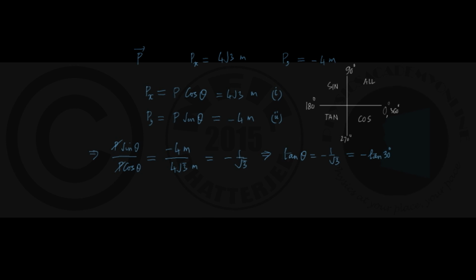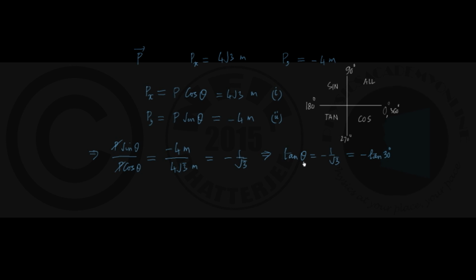As you can see from this figure, in the first quadrant, the angle between 0 and 90 degree, all, that is sine, tan, cos, all the ratios are positive. In the second quadrant, between 90 and 180 degree, sine and cosec only are positive. In the third quadrant, 180 degree to 270 degree, tan and cot are positive, while in the fourth quadrant, between 270 and 360 degree, only cos and sec are positive.